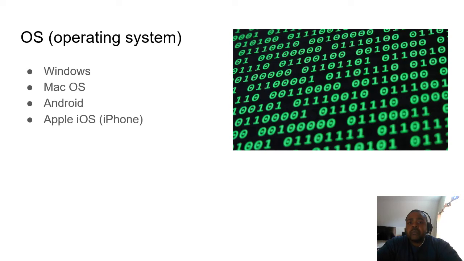All right, and in machine language, that's how PCs and desktops and servers communicate with each other. So of course we can't read that as humans, so we need something that is translated and we're able to see, and that's where the operating system comes into play. Everybody's familiar with operating systems. Either you have Windows, Mac OS, Android for the phones, and Apple iOS for iPhones.